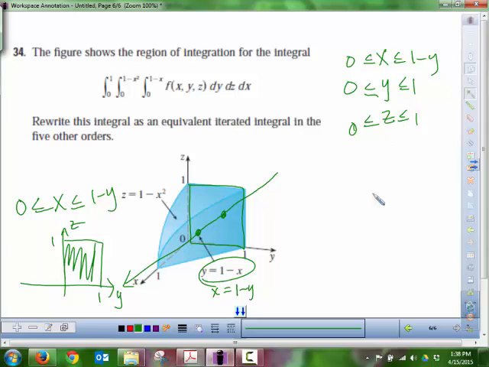And if I want to switch the order of z and y, because they're constants, I literally just switch the order of z and y. Then I would have the same limits for x. All right?